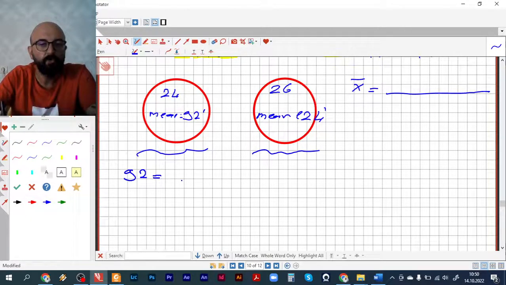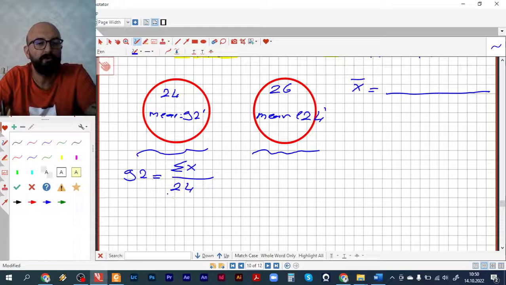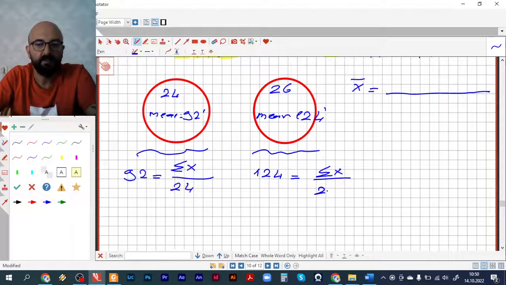92 equals the sum of all values divided by 24, because we have 24 films. The second mean, 124, equals the sum of all films' playing minutes over the number of films, 26.